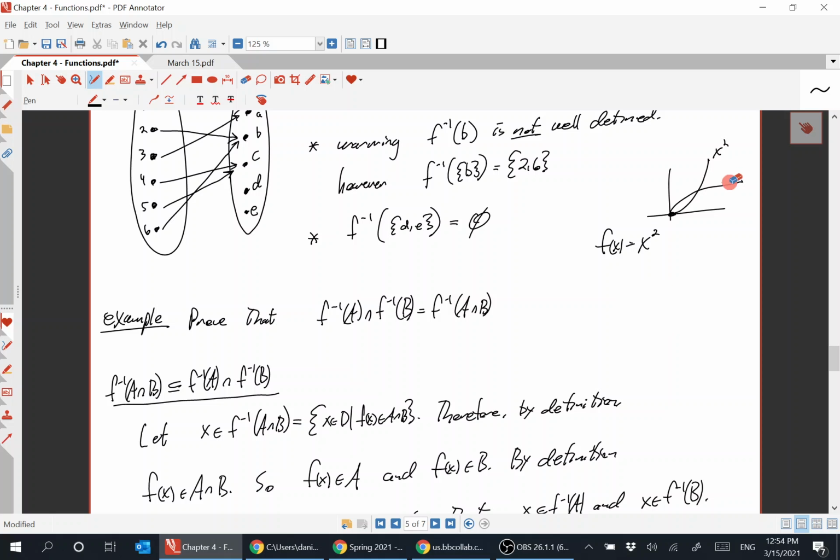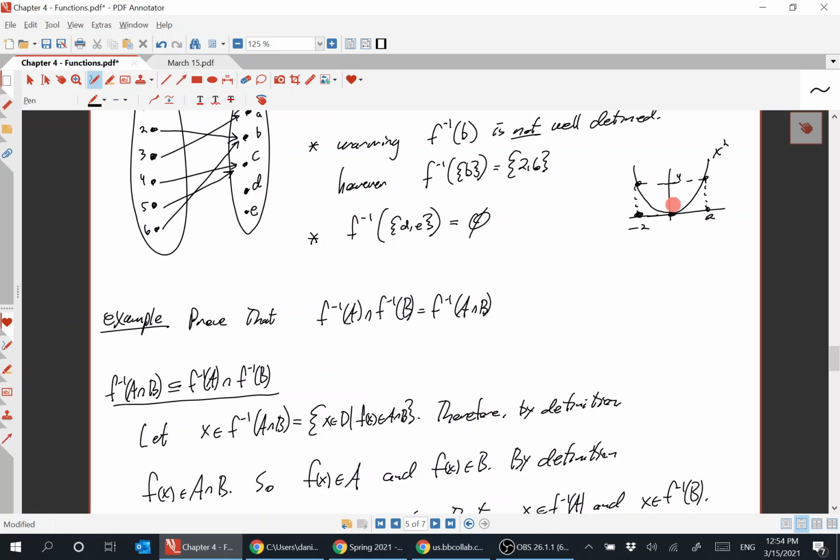But really, x squared doesn't have an inverse function because, if you're talking about the number 4, what's the value of the inverse function of x squared? Is it 2 or is it negative 2? Which one should it be?